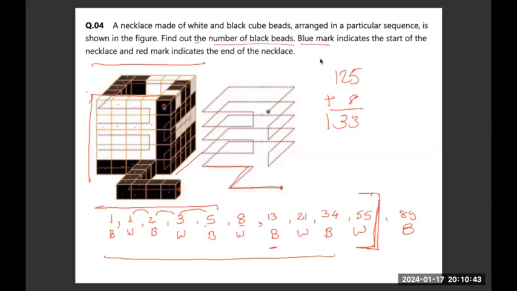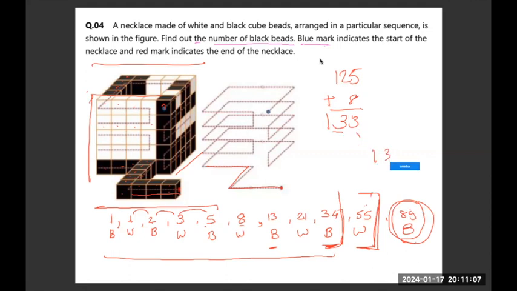Also, the last number that I came across was 34, which is a black color, which means the last sequence here is black. It won't go beyond 89, but it also won't go beyond 55, because 133 plus 89, it's not possible.